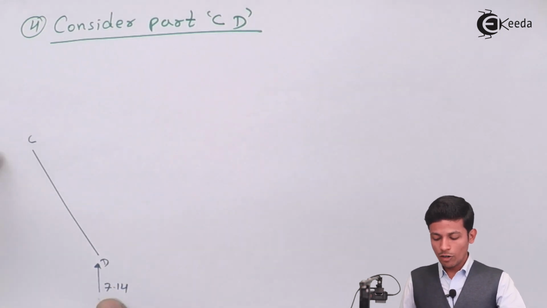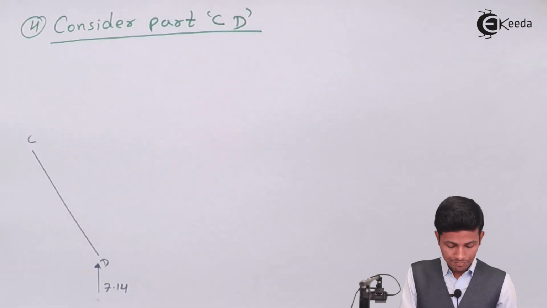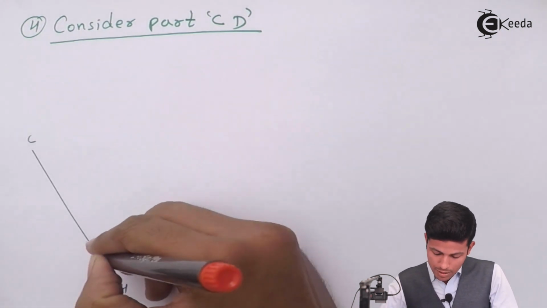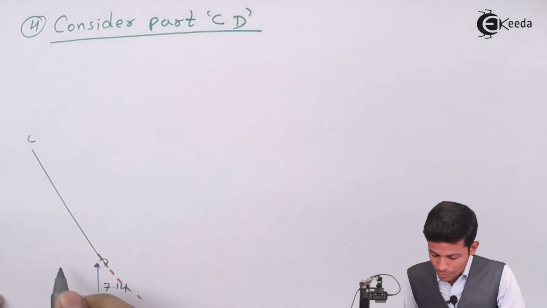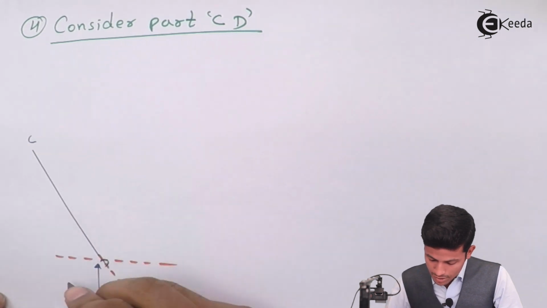So in the axial direction you have to resolve this 17.14. How will you resolve it? For this type of problem, always extend the lines as much as possible. Extend this one, this part, and this one also.